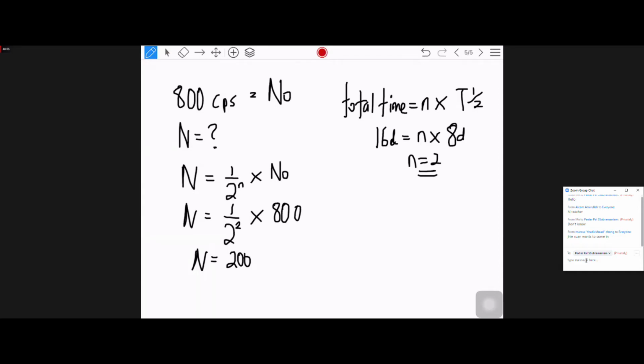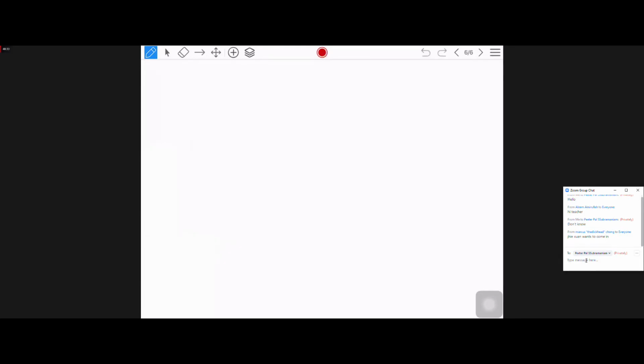200 counts per second. This is the remaining balance. Or you can do it another way, the simplest way.